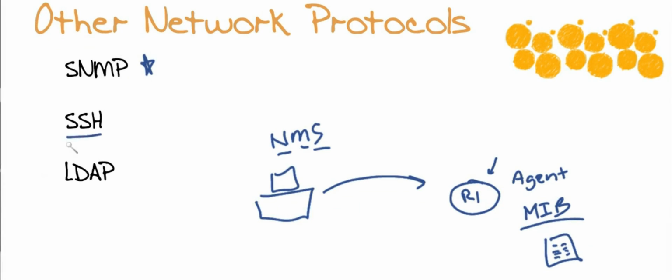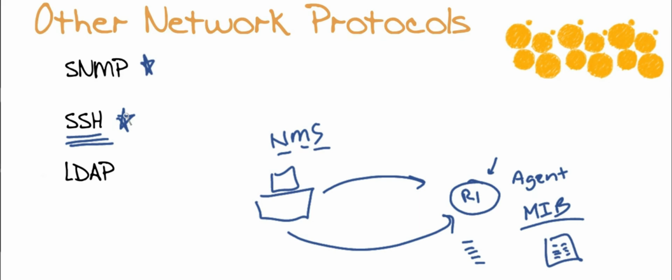Now, let's say we need to remotely go into that device and literally configure it at its command line from this network management station. Well, that's what Secure Shell, or SSH, is all about. Secure Shell allows us to make a very secured connection over the network into the device so that we can configure it.